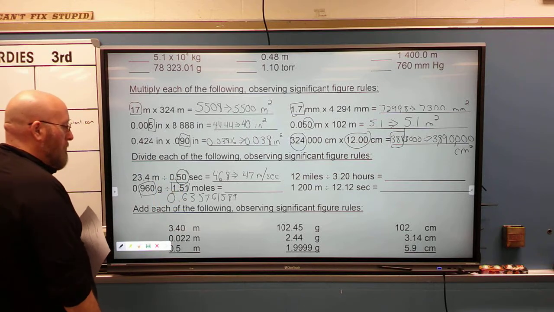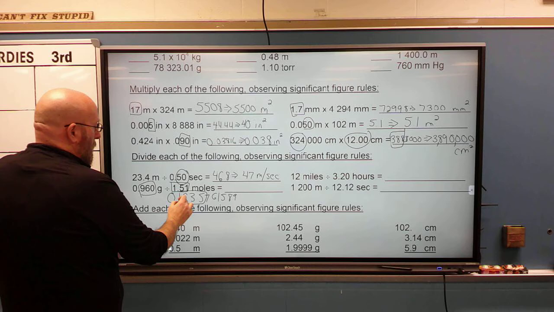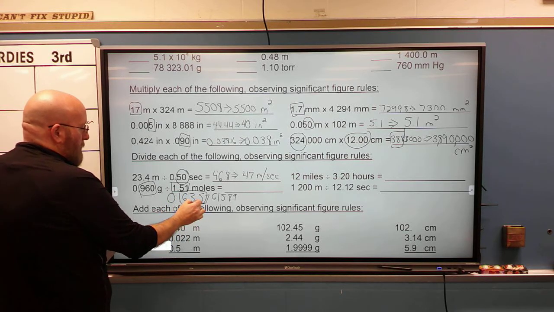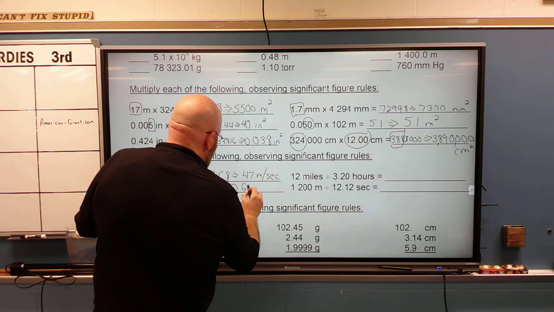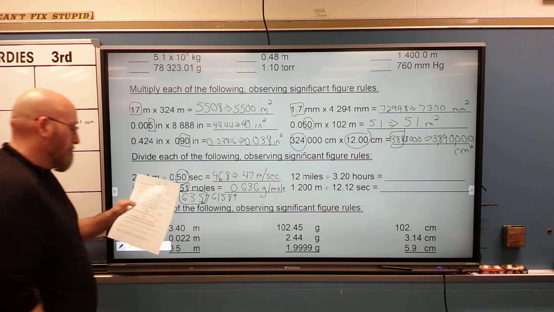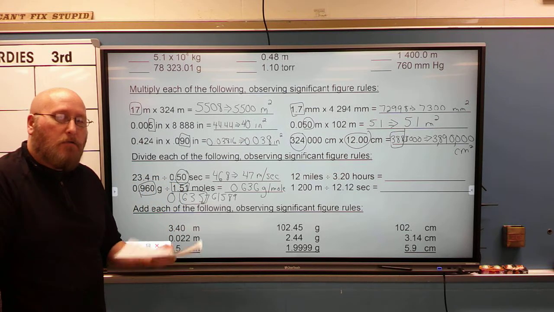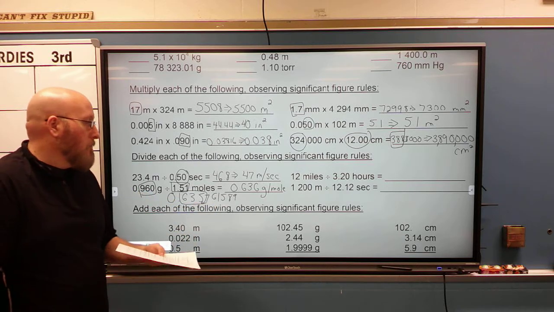So my answer should be 3. So right here is where I need to look. 0.635. Now again, that 7 makes that 5 a 6. So 0.636 grams per mole. Okay? Pretty easy, right? You just figure out which one has the fewest number of significant figures.